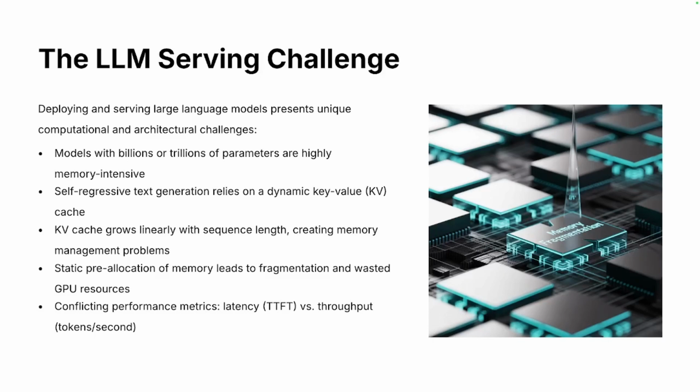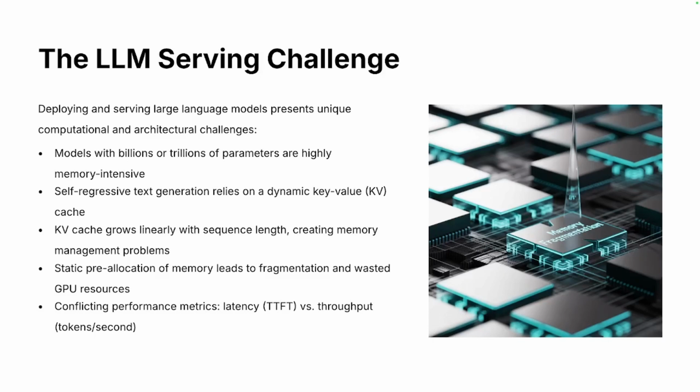So we have this autoregressive process, meaning each token that is generated by the model depends on all of the previous tokens. To enable this, LLMs usually use a key value cache that grows with the sequence length. So the longer the prompt or conversation, the more memory the KV or key value cache consumes.